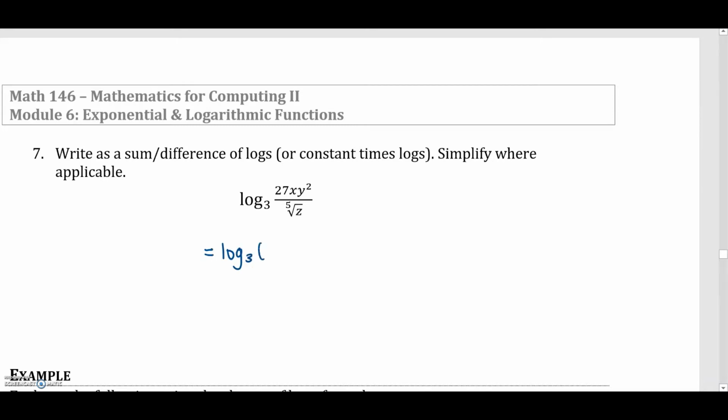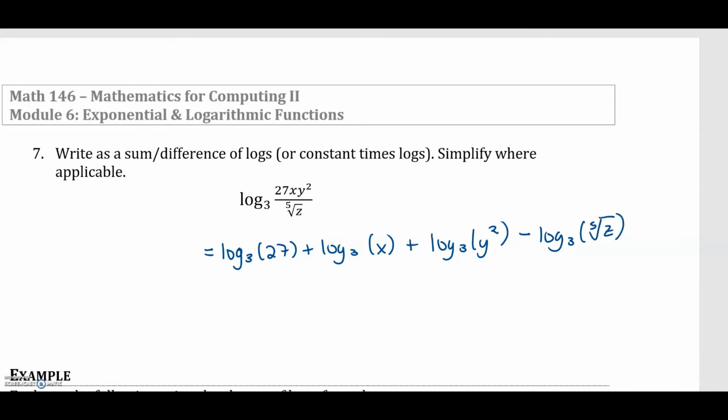So log base 3 of 27 plus log base 3 of x plus log base 3 of y squared. And because the 5th root of z is in the denominator, we can rewrite that as subtraction. So minus log base 3 of the 5th root of z.